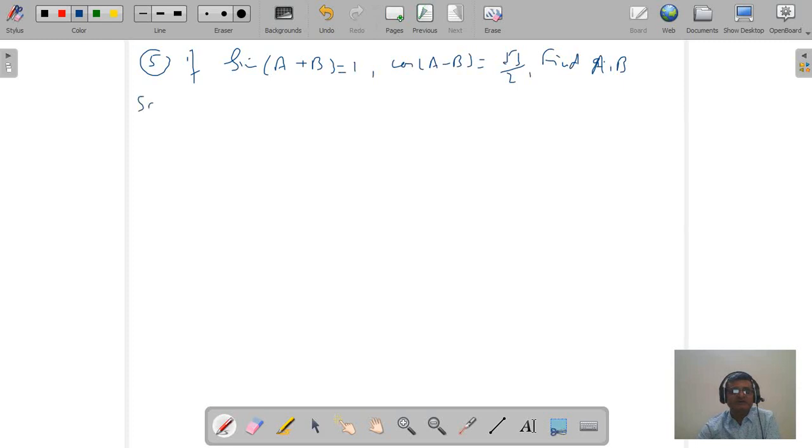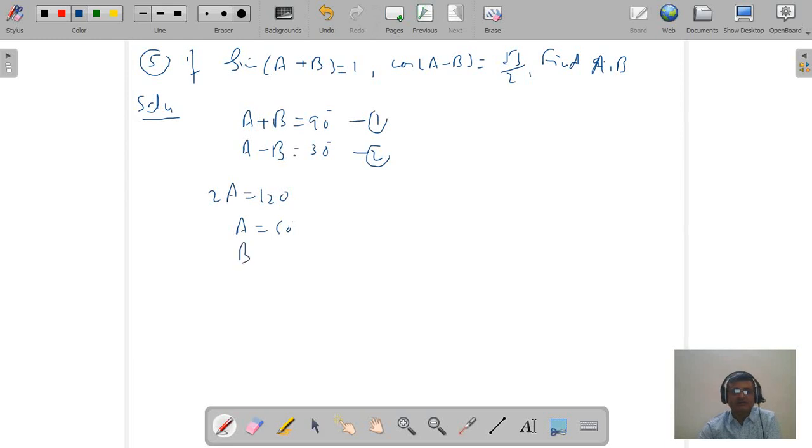In this case you can see that a plus b is equal to 90 degree and a minus b is going to be 30 degree. Simply add, so a is going to be 60 degree. Similarly you put here, so b is going to be 30 degree. So simply using the table you can solve this type of questions.